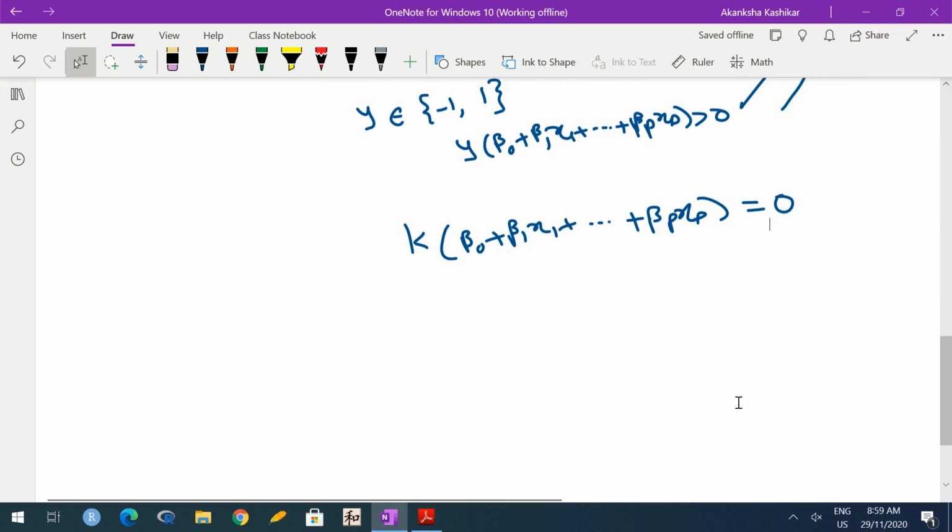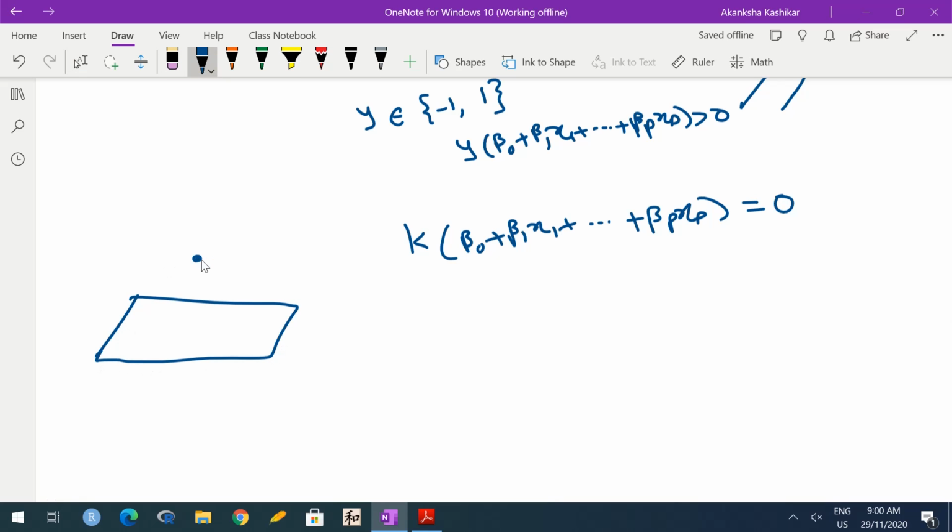If you have a plane or a hyperplane or a straight line, and you have a point here, how do you compute the perpendicular distance of that point from the plane? Suppose I have a plane whose equation is gamma naught plus gamma 1 x1 plus gamma 2 x2 plus gamma 3 x3 equal to 0.